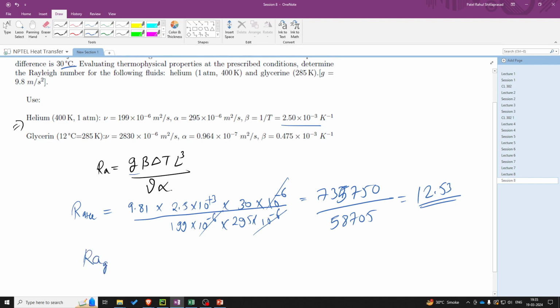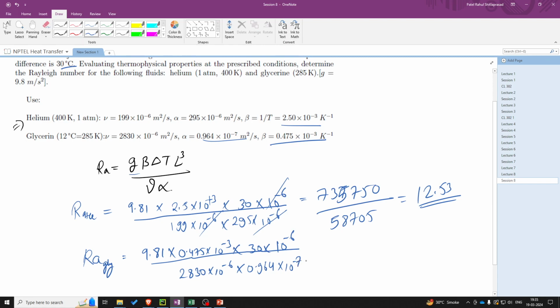Similarly, for glycerin, we can write the same as 9.81 into beta is 0.475 into 10 raised to minus 3, delta T is 30, length cube is 10 raised to minus 6, and then mu is 2830 into 10 raised to minus 6, into alpha is 0.964 into 10 raised to minus 7.